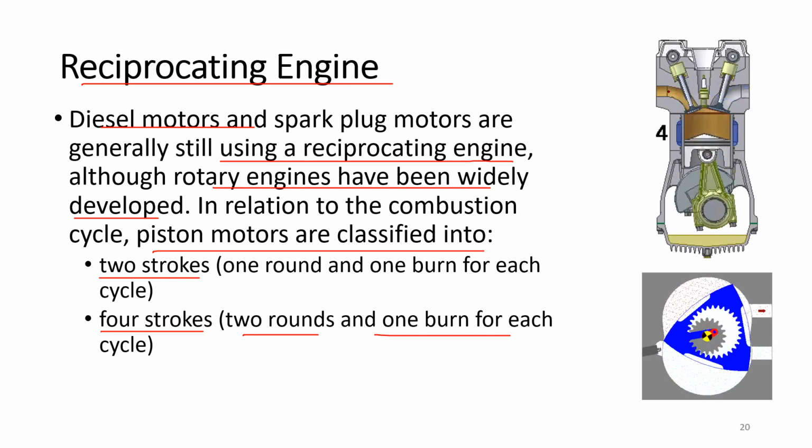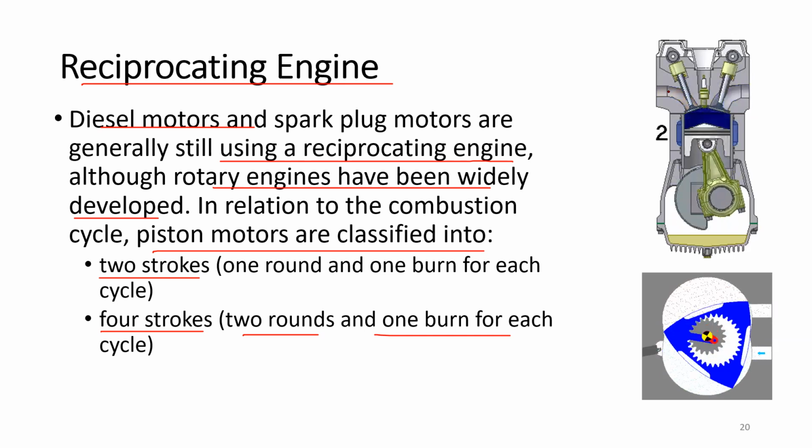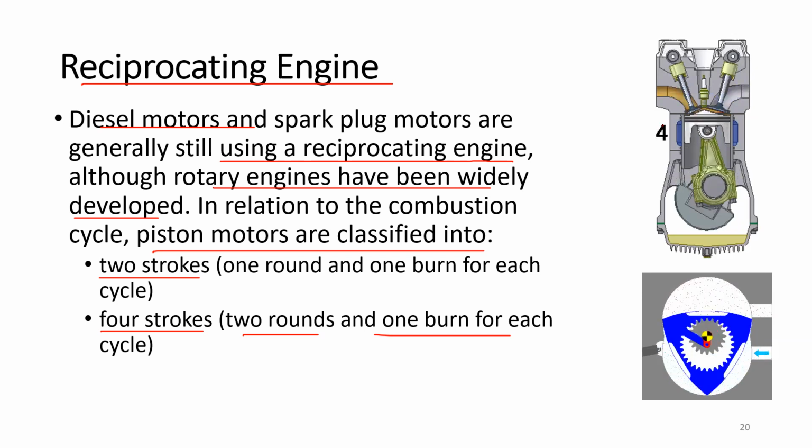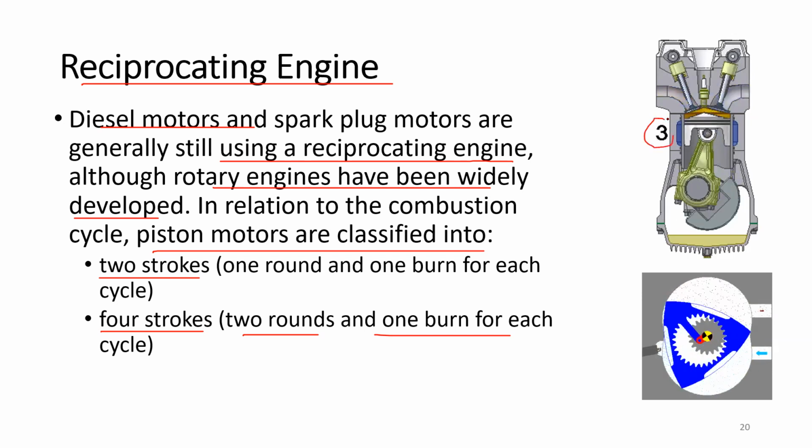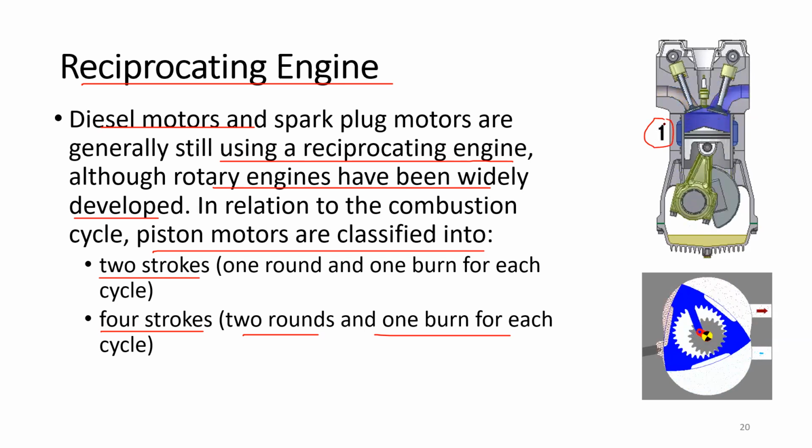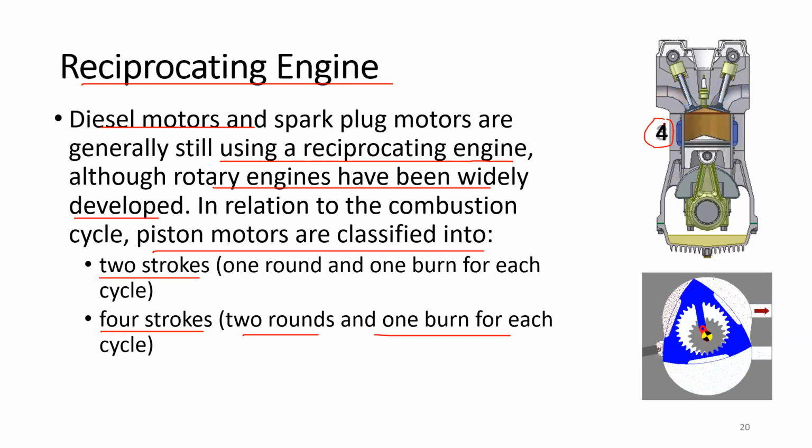So these are the components of the typical 4-stroke cycle. There is an animation, and each step is defined here: 1, 2, 3, 4. The 4-stroke engine consists of several parts.